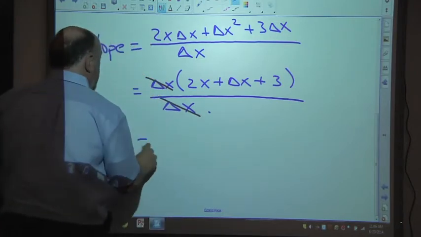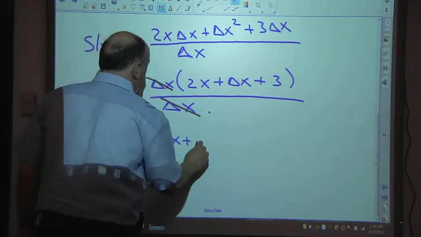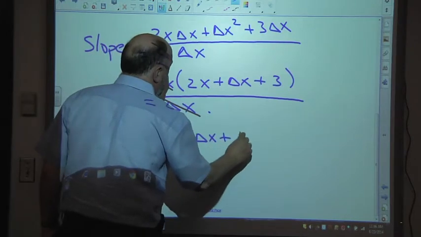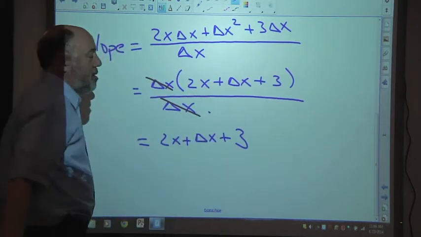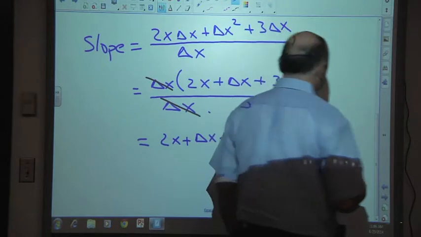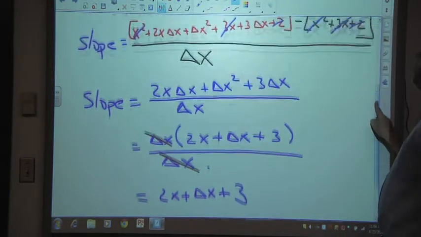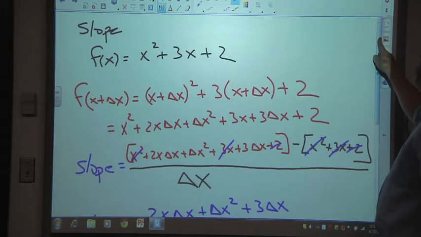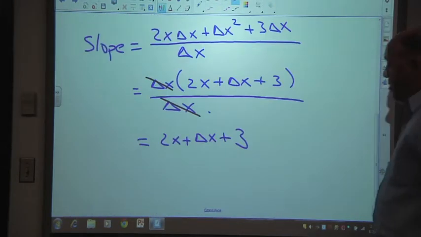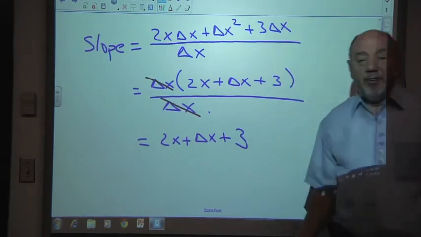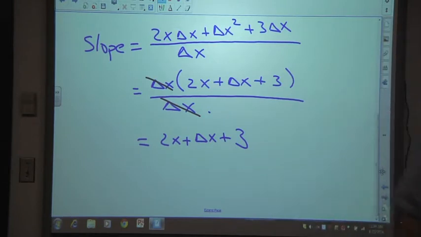And we're left with 2x plus delta x plus 3. And that would be the equation for the slope given my original equation here. So in order to use this formula, we need to know what is f of x. We need to know what is f of x plus delta x, and then we just plug it in and go through the steps. And that is the slope.